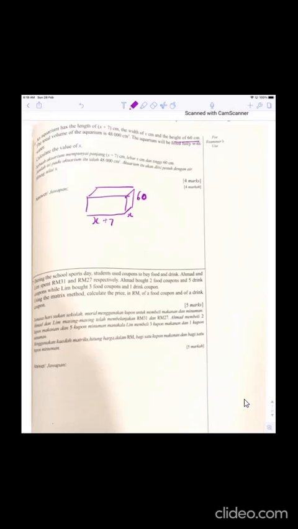So they give you the total, the total is 48000. So for the cuboid, it is x plus 7 times x times 60 equals 48000. So after that, you multiply inside.